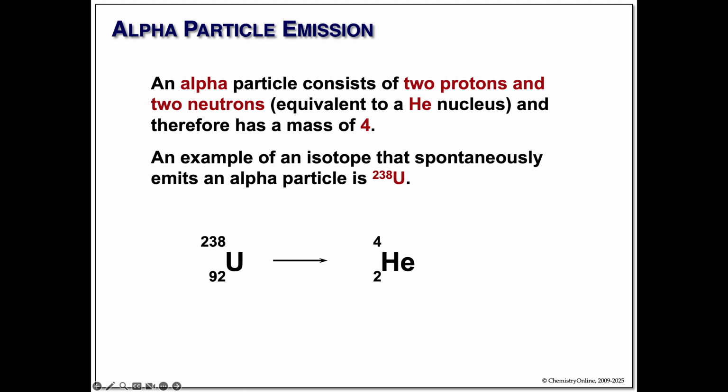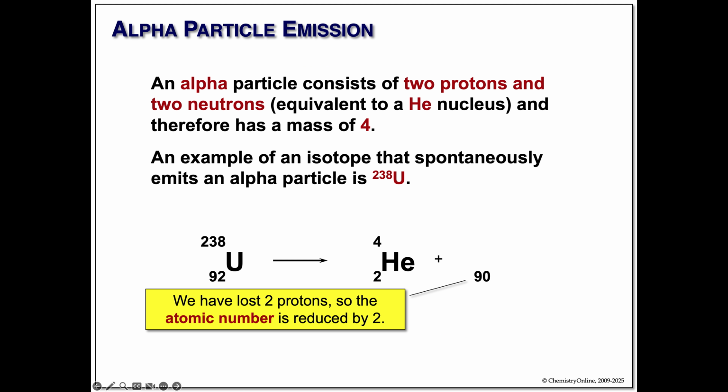We'll show that as a helium nucleus. Atomic number of 2, mass number of 4. When the uranium loses this, the atomic number of what's left is going to drop from 92 down to 90. We've lost 2 protons. The mass number will drop from 238 minus 4.